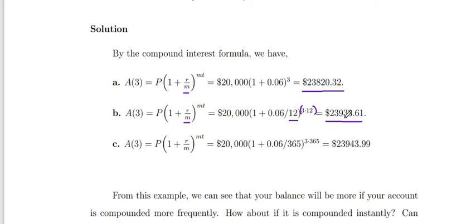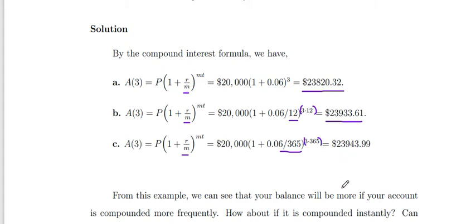So you can say the money increases, right? Increases about $10 more. So here, if compounded daily, the rate 0.06 is divided by 365. Then raised to the power 3 times this.